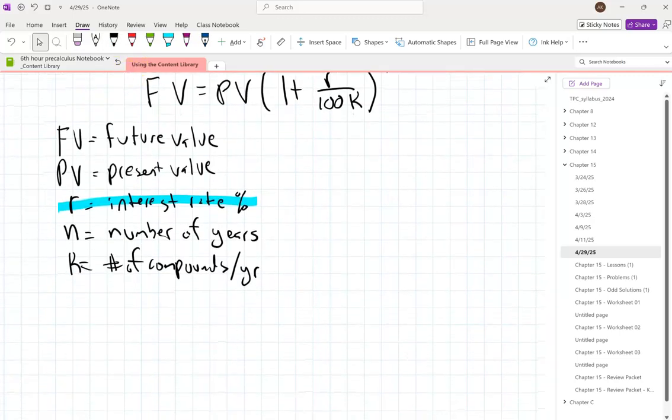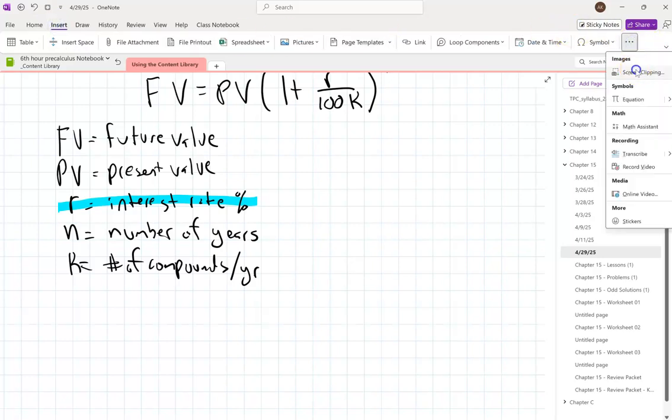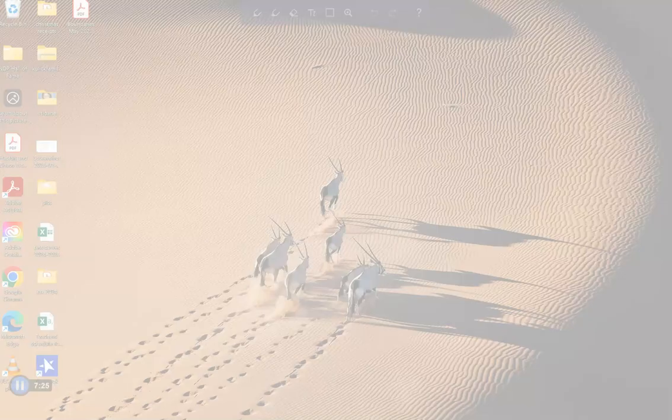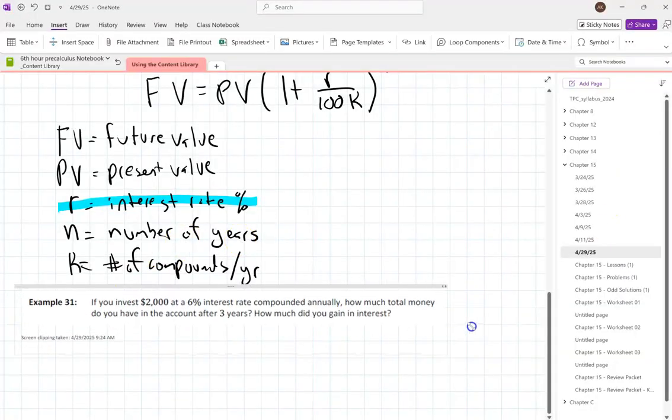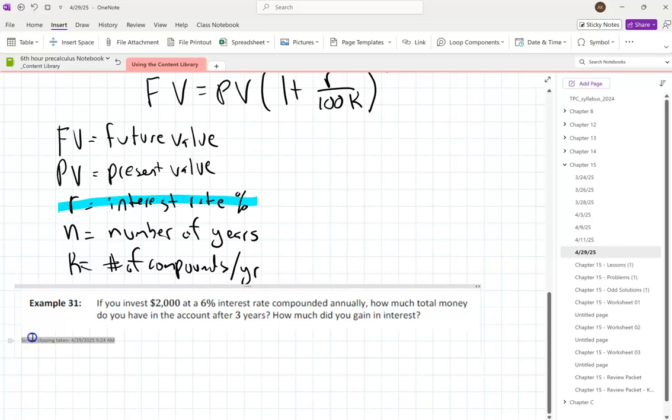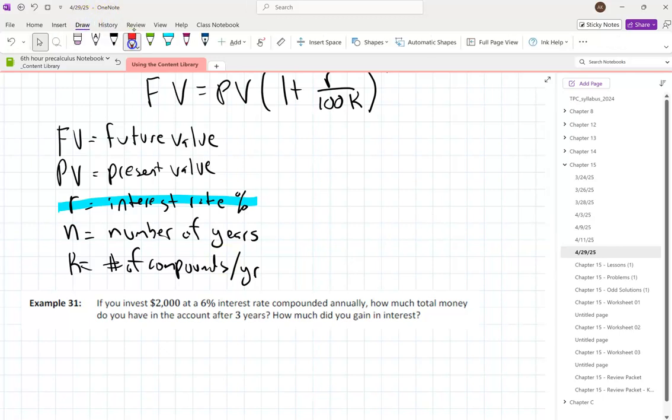All right, let's look at an example. You invest $2,000 at a 6% interest rate compounded annually. Notice that's in there, so we know we're using compound interest.